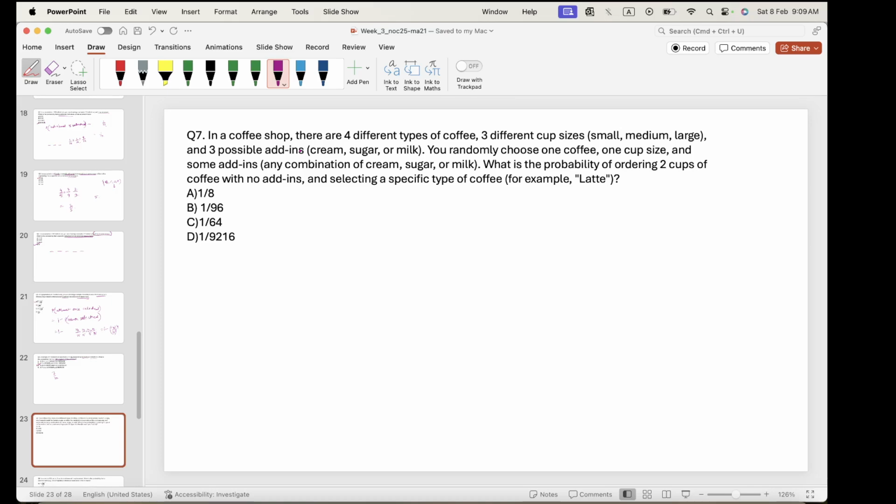What is the probability of ordering 2 cups of coffee with no add-in?